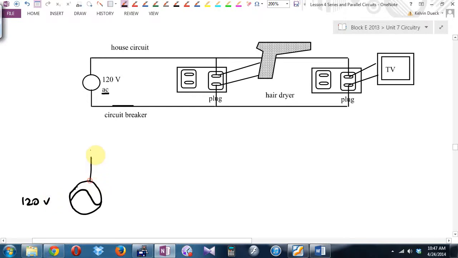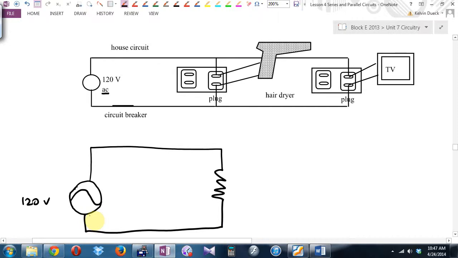Then it looks like our circuit goes, we have one resistor here, there's the blow dryer, and one resistor here, there's the TV. There's our equivalent schematic, our circuit drawing.